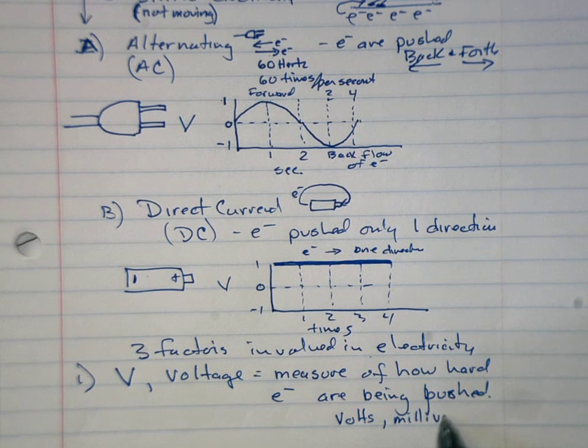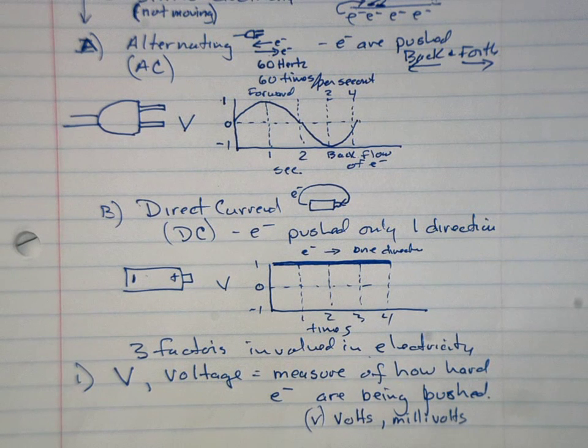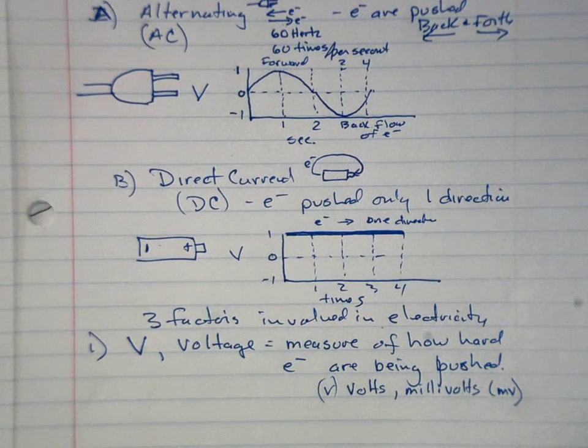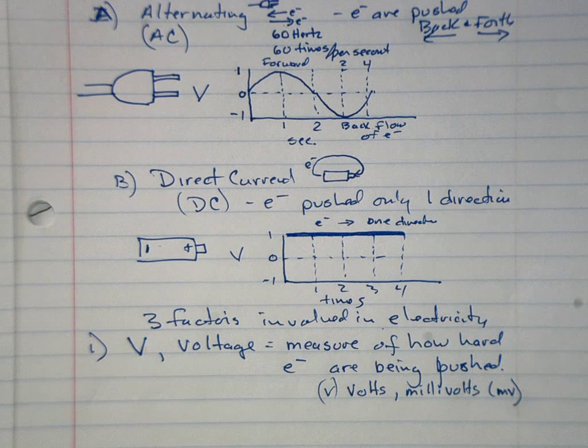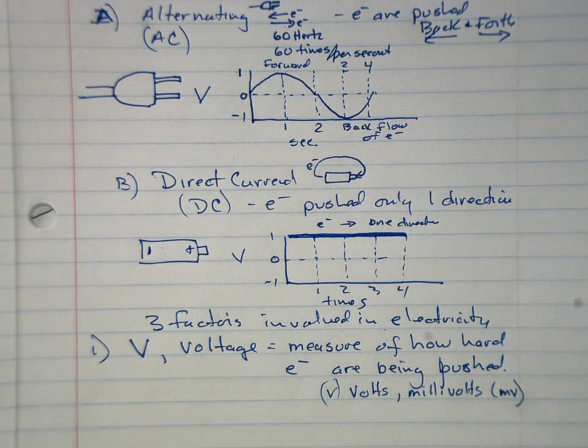That's what we'll see when we're working with the voltmeters. So you've got a device like a battery, it's going to be pushing it out. If you've got a 5-volt battery, it's pushing like 5 times harder than a 1-volt battery.